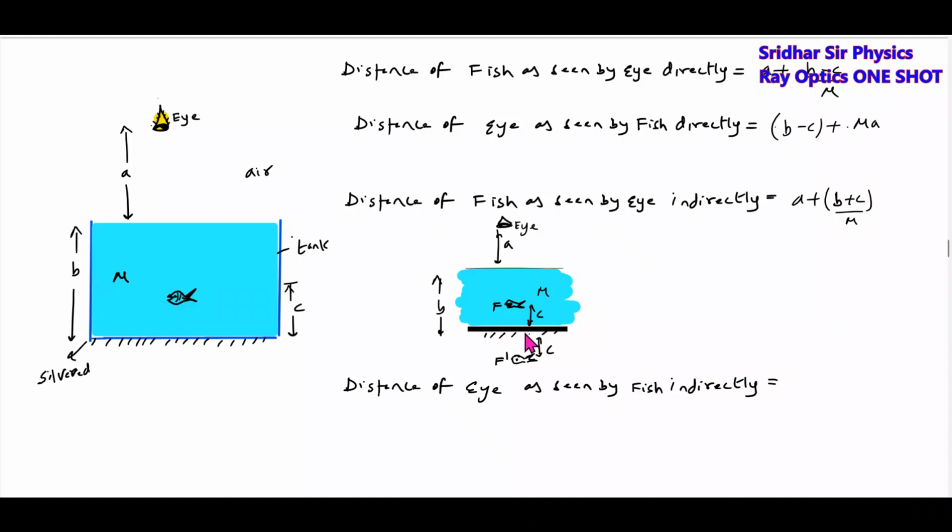The mirror will behave like some object and it will form that image. You treat the mirror as looking at the eye. At what distance is the mirror? At a distance B. The mirror is at a distance B from the boundary. And what is the apparent height? Mu A. So here it will be B plus mu A.